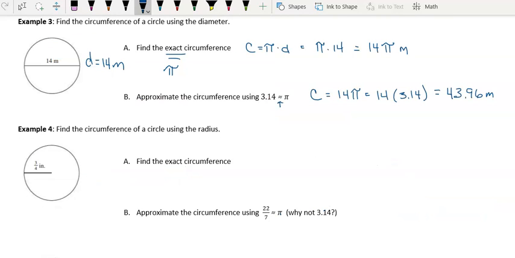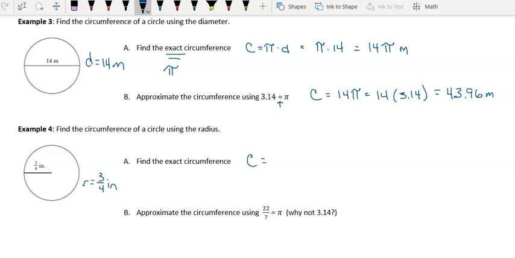The next problem asks us to find the circumference of a circle using the radius. So always look at the problem first. And so here we have radius equals 3/4 of an inch. Okay, so it's in fractions. So we're probably going to be using 22/7 as pi when we get there. But first we're going to do the exact circumference.